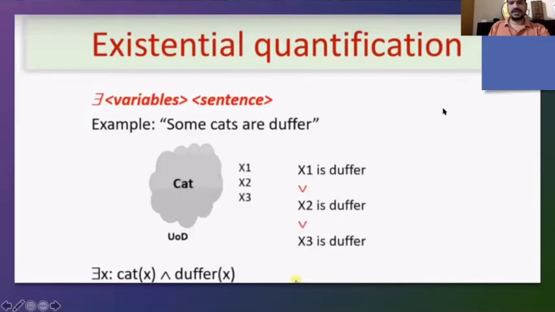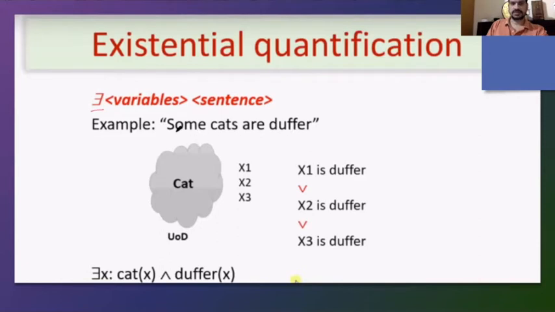Let's see another type of quantifier, which is called the existential quantifier. It is represented with this symbol, which is a mirror image of E. Here also we have the variable and the sentence side by side, but here we don't have all entities. We have examples like some cats are duffer.